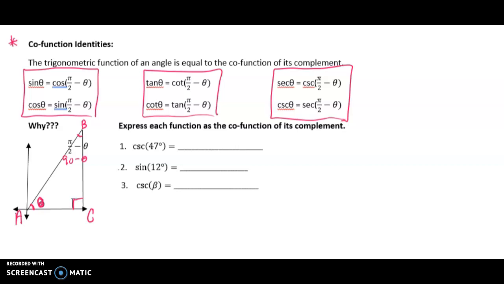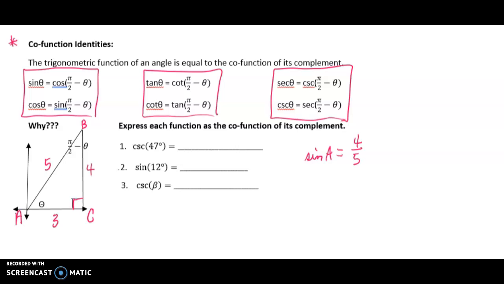Let's go back to a 3, 4, 5 right triangle. Let's just take any right triangle, say a 3, 4, 5 right triangle. What is the sine of angle A? We know sine is the opposite leg over the hypotenuse, so the sine of angle A is 4/5.